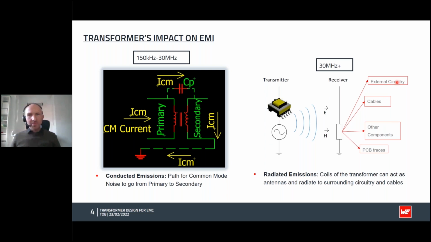And so when we do our measurements in a chamber or in an open field above 30 megahertz, we can see these peaks in the radiated emission spectrum, typically over 30 megahertz up to 1 gigahertz or even beyond if the switching frequency is high enough.